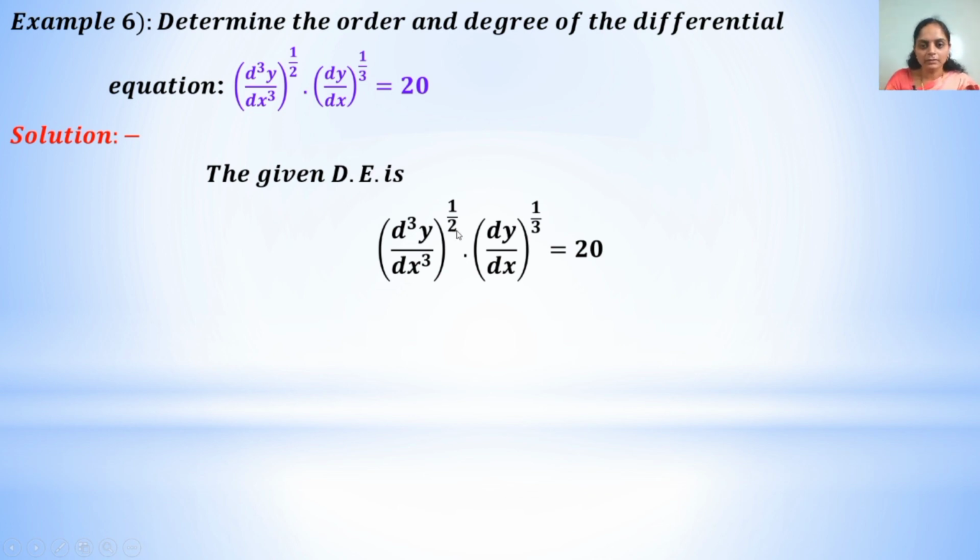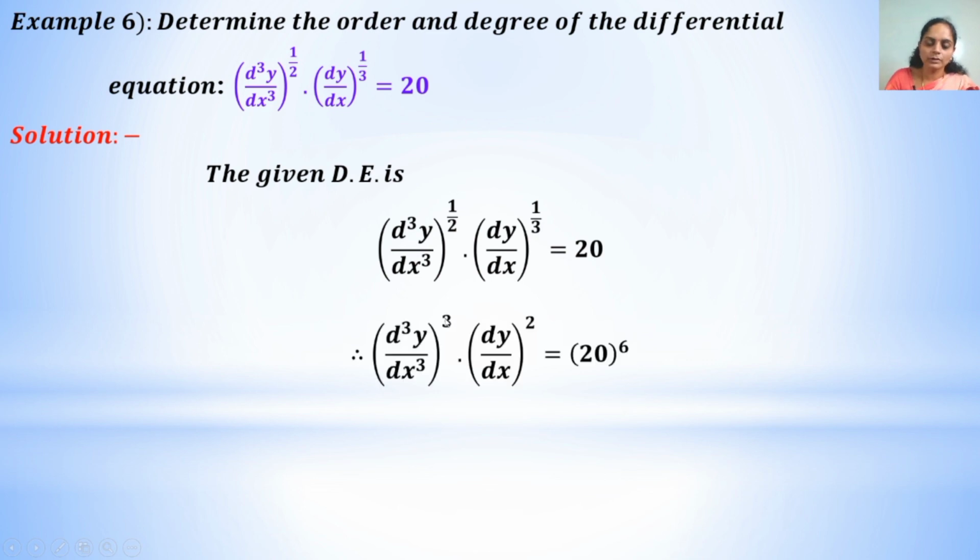Now, we take the LCM of 2 and 3, and the LCM of 2 and 3 is 6. So, to remove these fractional indices, we take power 6 on both sides. Therefore, (d3y by dx cube) bracket raised to 3 into (dy by dx) bracket square is equal to 20 raised to 6.